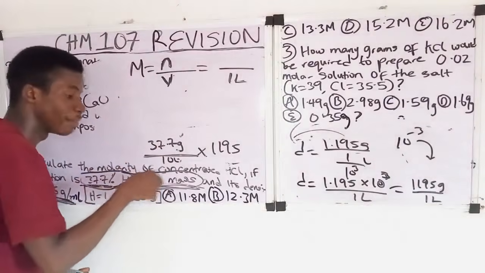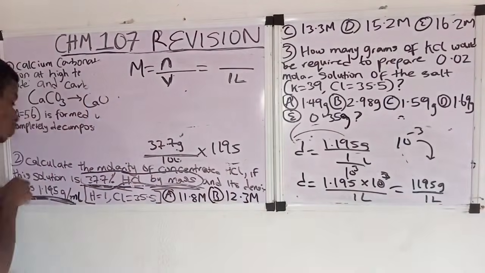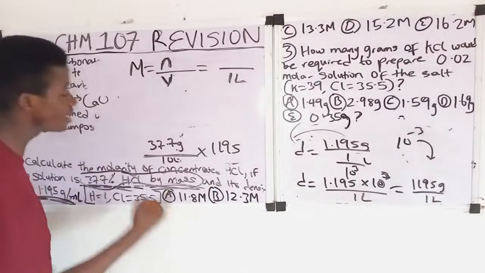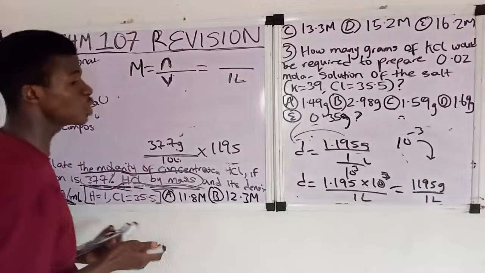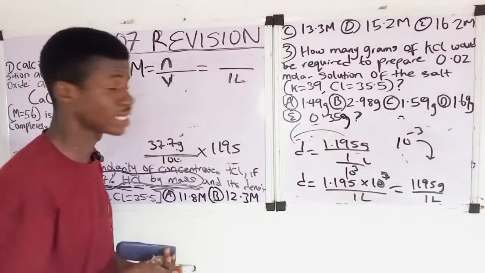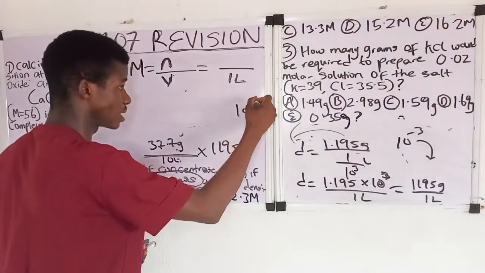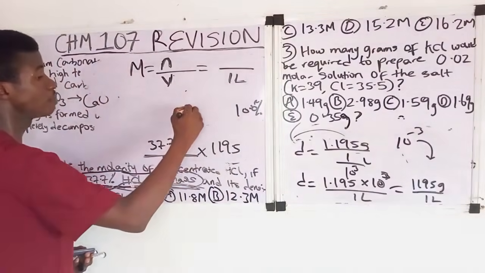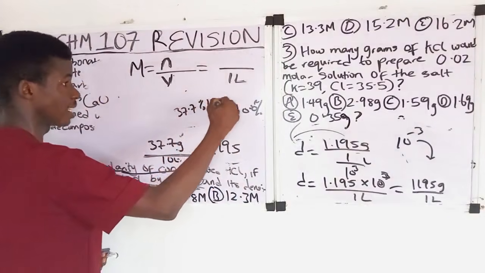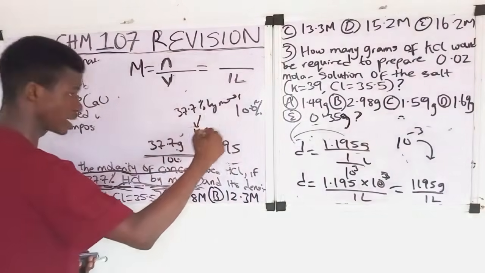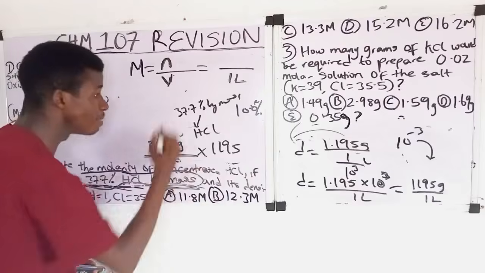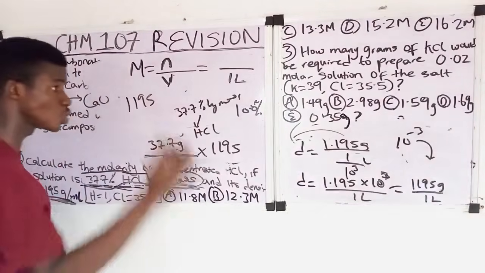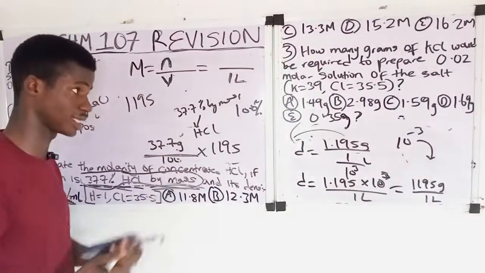So if this solution is 37.7% hydrochloric acid by mass, we know the whole solution is 100%, right?